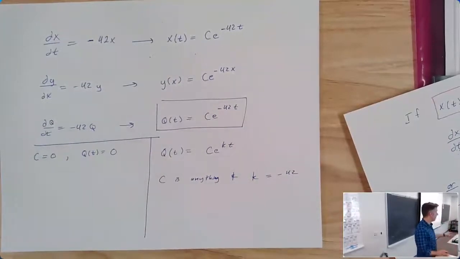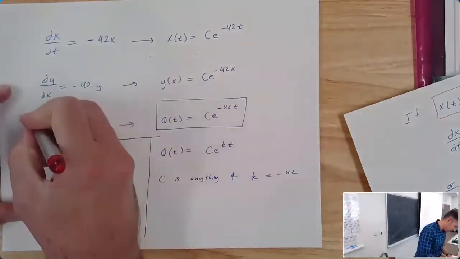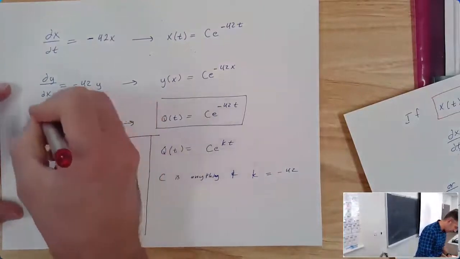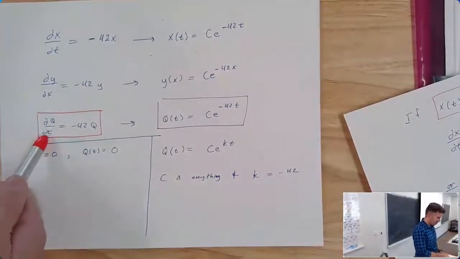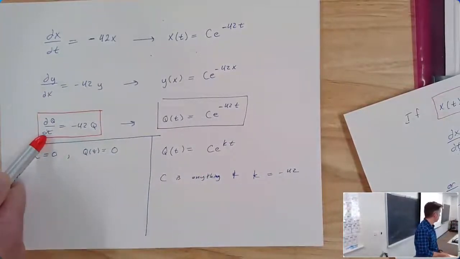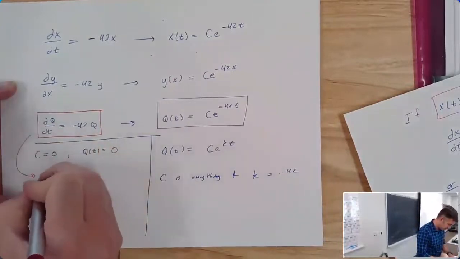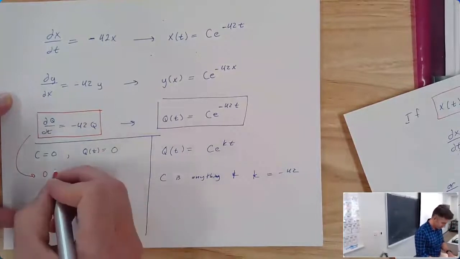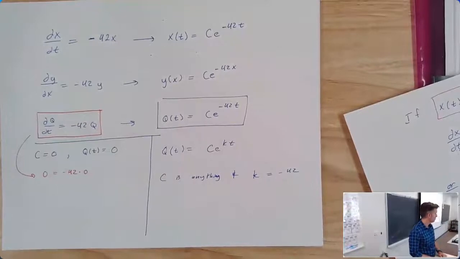So let me ask you, if your function is equal to 0, is its derivative equal to a multiple of itself? In other words, if my function is equal to 0, is this differential equation satisfied? Well, what's the derivative of 0? 0. So is it true that the derivative of 0 is equal to negative 42 times the function 0? Yeah, it is.